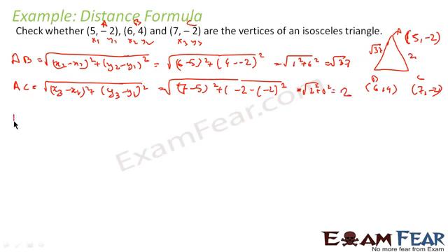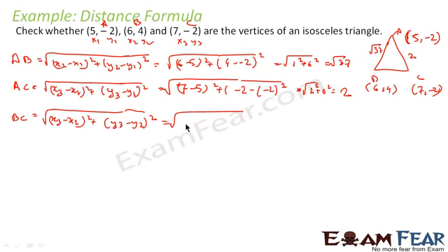Now let me find BC. In BC, the points are x2, y2 and x3, y3. So this will become root of (x3 minus x2) square plus (y3 minus y2) square. What is x3?